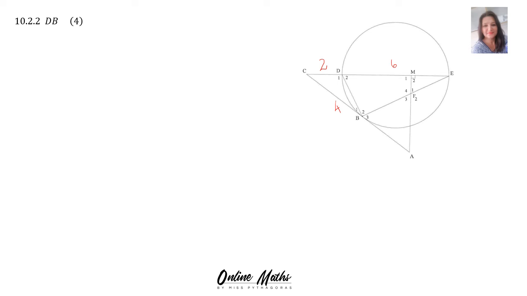10.2.2, find the length of DB. So before I start, I just want to show you on the sketch, remember CD was 2 units and DE 6 units and CB 4, because that's important. We're going to use that now. Right. In the previous sum, we proved that CDB is similar to triangle CBE, which results in the ratio CB over CE is DB over BE.